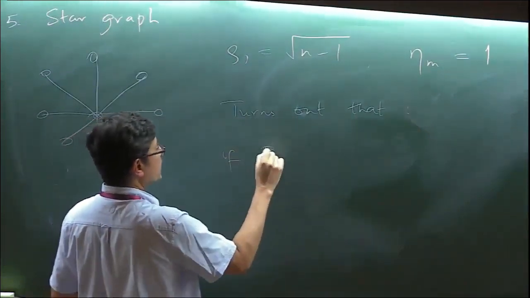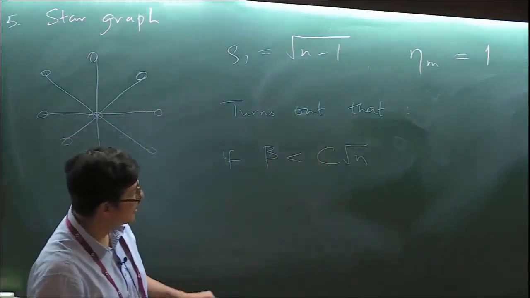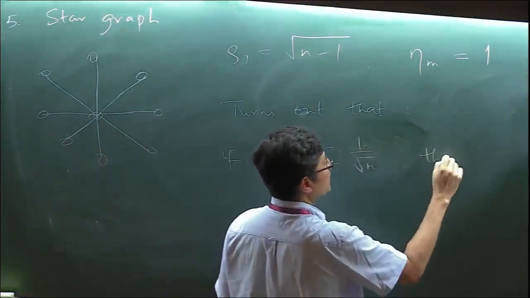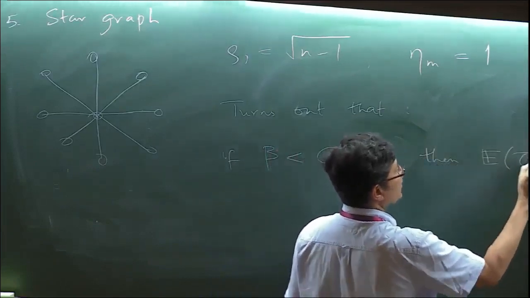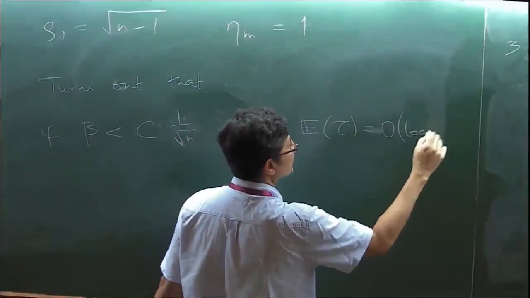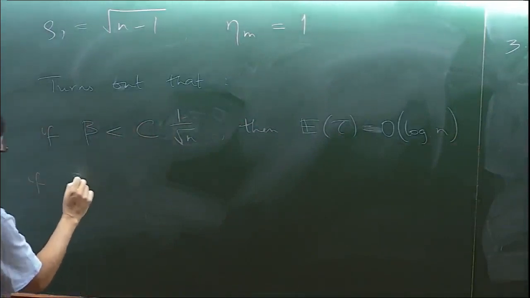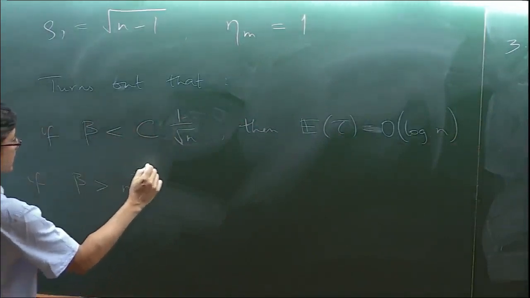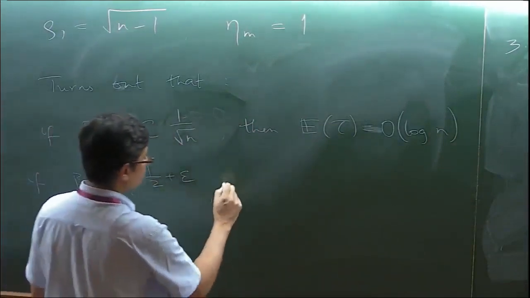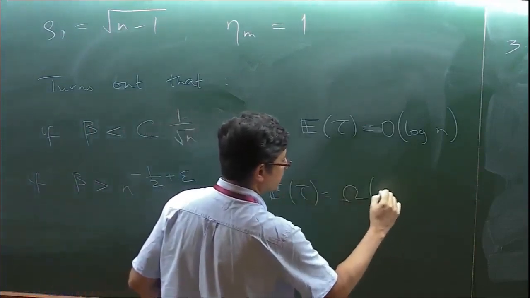It turns out that if beta is smaller than any large constant times 1 over square root of n, then you have logarithmic lifetimes. And if beta is bigger than n to the minus half plus epsilon, for small epsilon, then the epidemic lifetime is exponential.